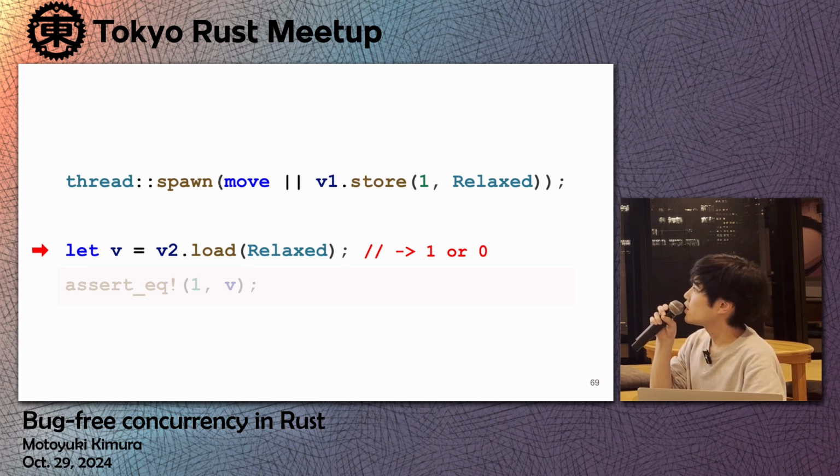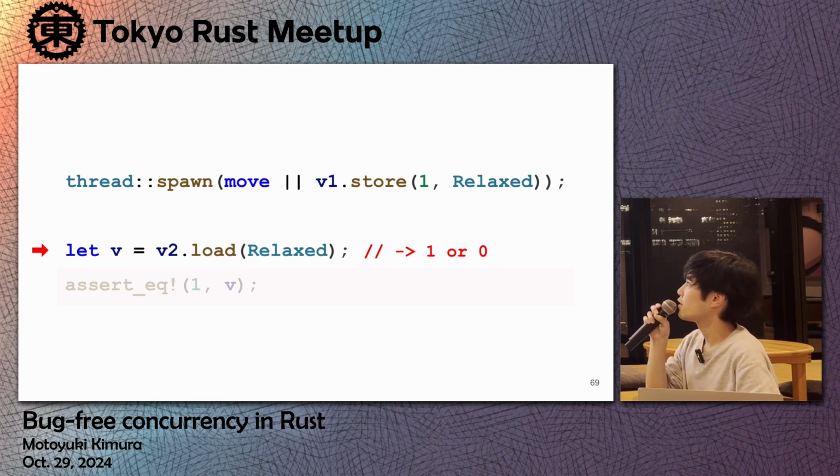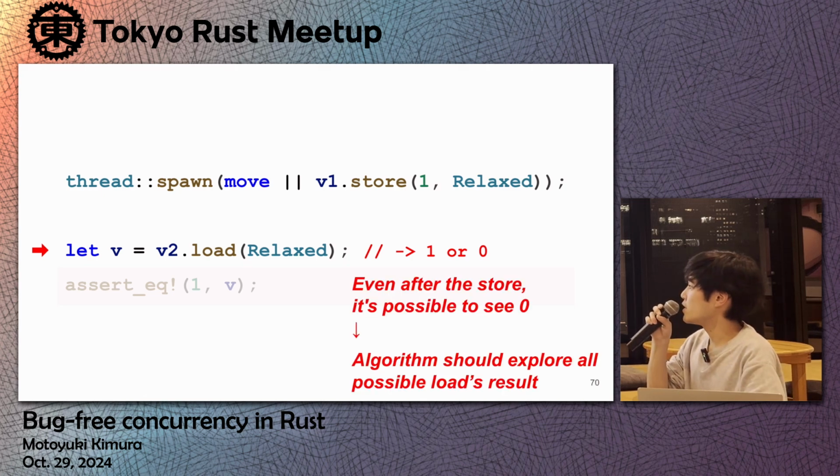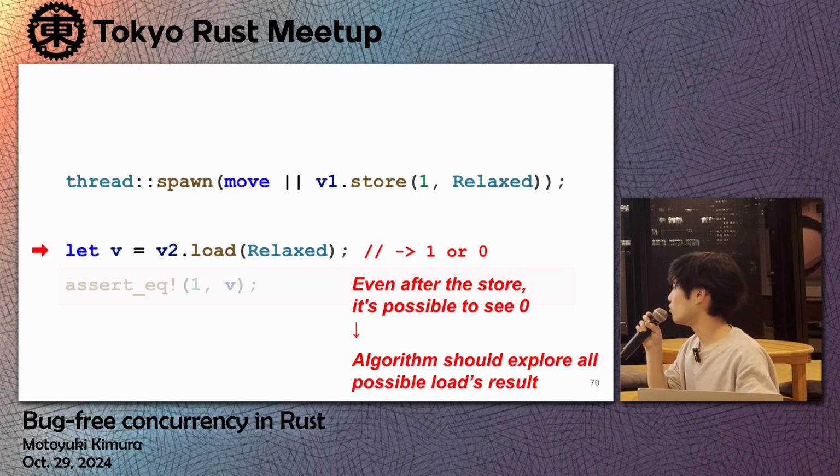There is no guarantee that v2 load can see the v1 store as a result. This means that we have additional possibilities for atomic memory ordering read operations. So the algorithm I introduced previously should explore all possible load results.